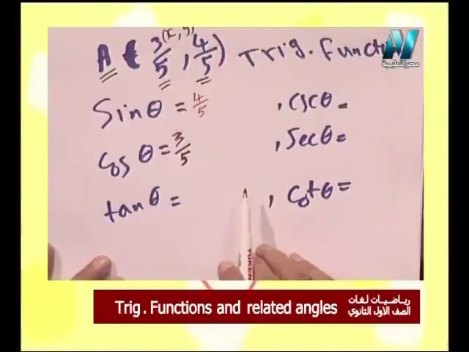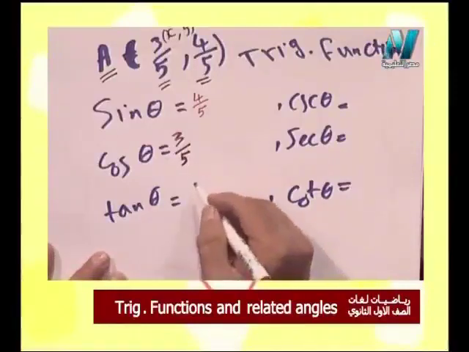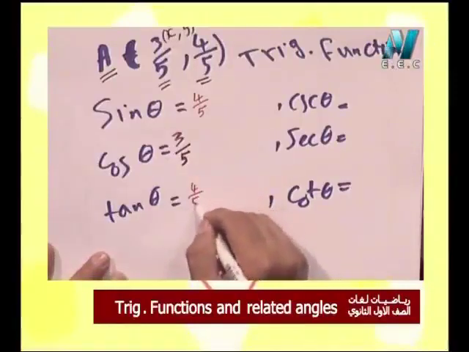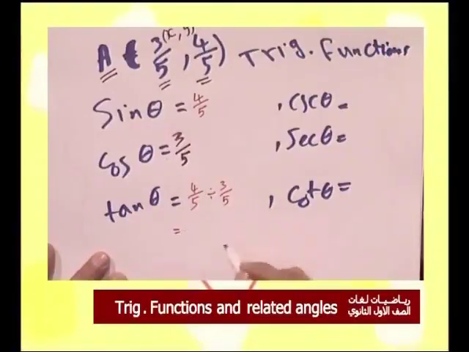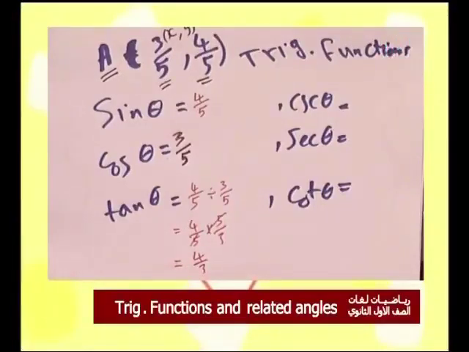Tan equals sine over cosine. So it's 4/5 divided by 3/5, which is equal to 4/5 times 5/3. We cancel 5 with 5. So it's 4/3.